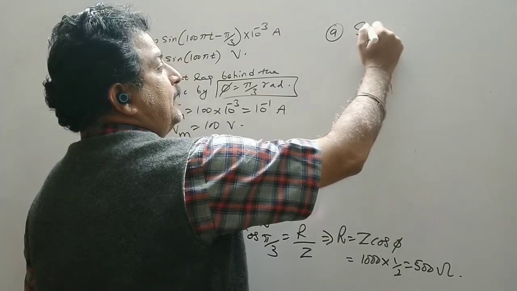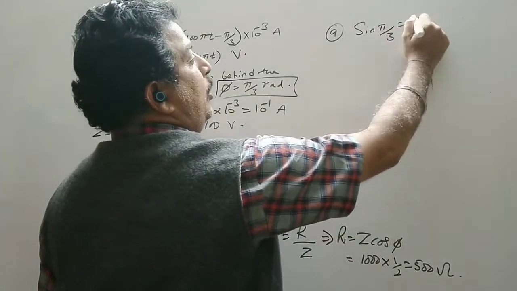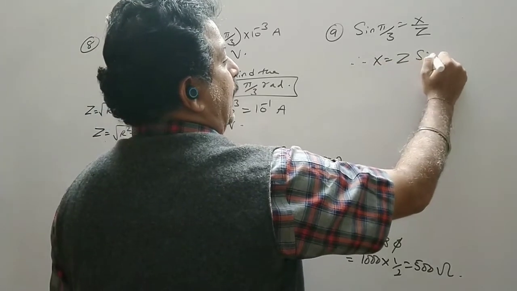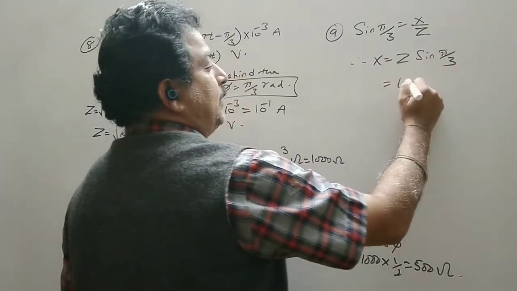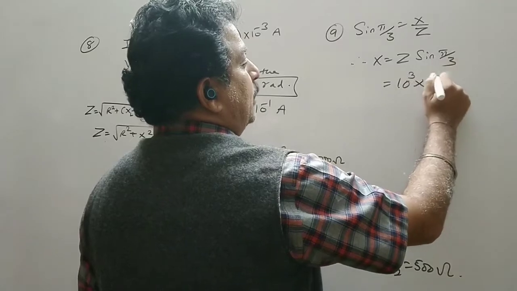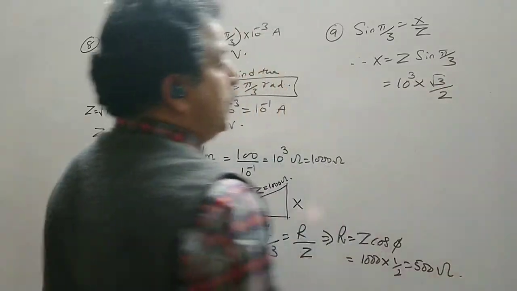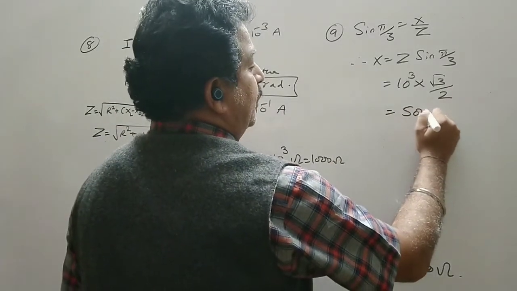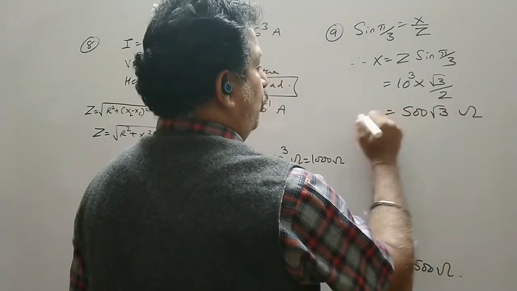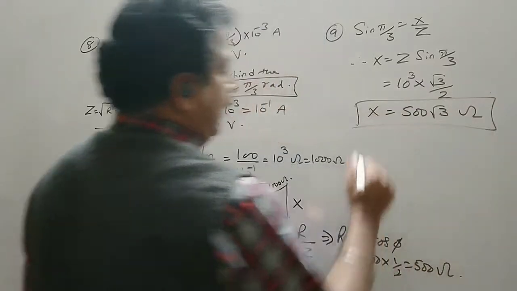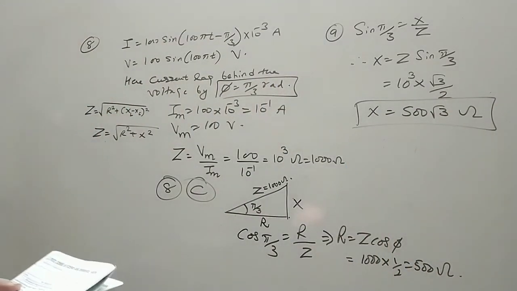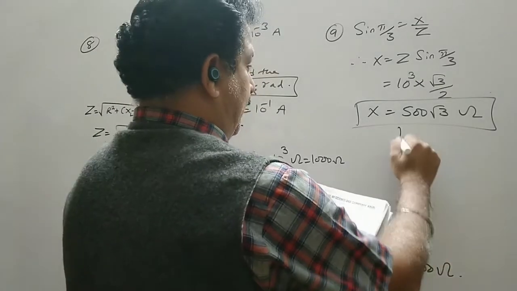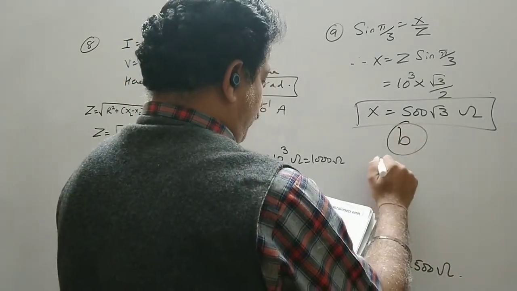So I take sine pi by 3 is equal to opposite upon hypotenuse. Therefore X is equal to Z sine of pi by 3, that is equal to 1000 into sine 60, which is root 3 by 2. So it becomes 500 root 3 ohms. So the pending reactance offered by the inductor and the capacitor is 500 root 3. That is option number B.